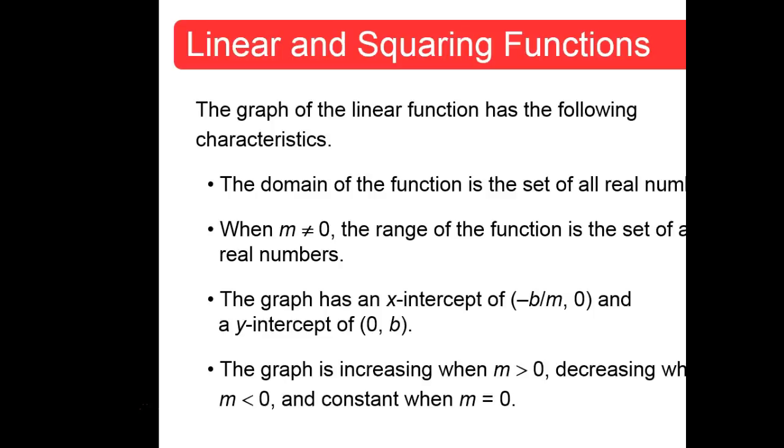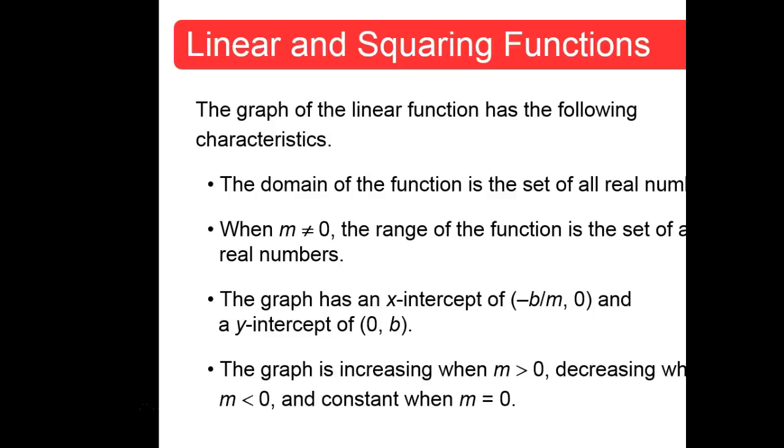Now, let's look at some of the characteristics of a linear function. The graph of a linear function has these characteristics. Guess what the domain of that graph is? All real numbers, because those lines go forever. Now, there's one line that doesn't have the domain all real numbers. And what line is that? A vertical line. Well, then, is this true? The domain of the function is all real numbers?